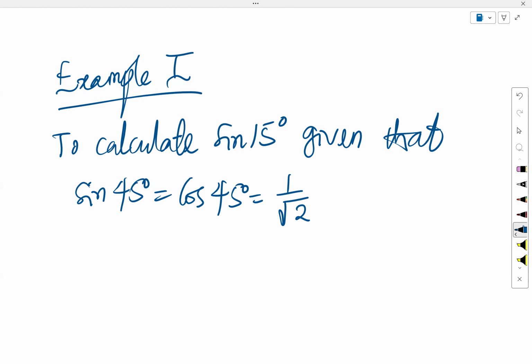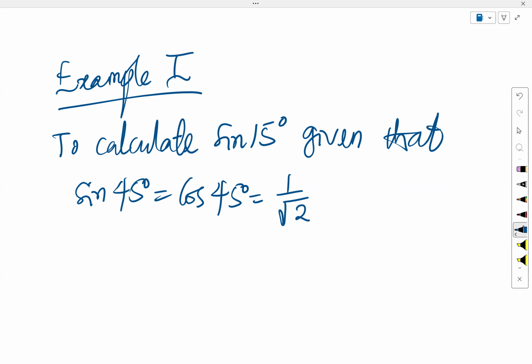Based on what you already know, sine A minus B is sine A cos B minus cos A sine B. So this means this is sine 45 degrees cos 30 degrees minus cos 45 degrees sine 30 degrees.